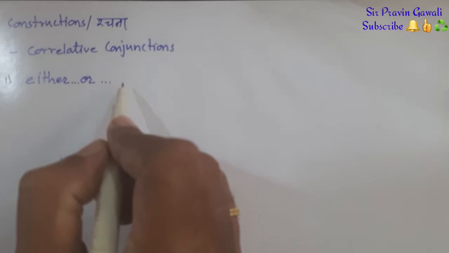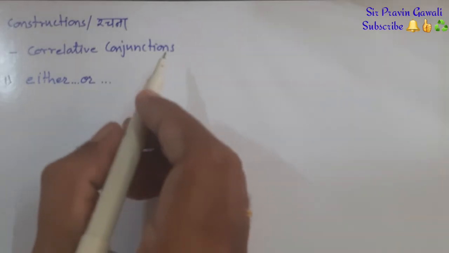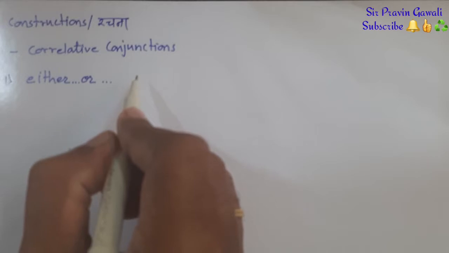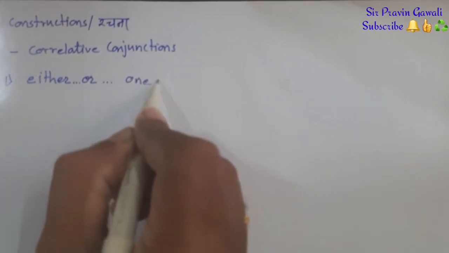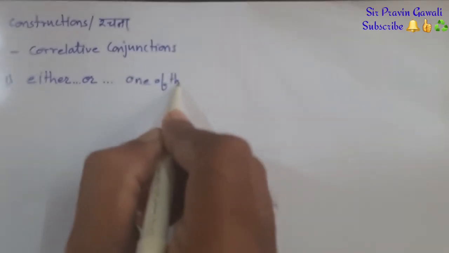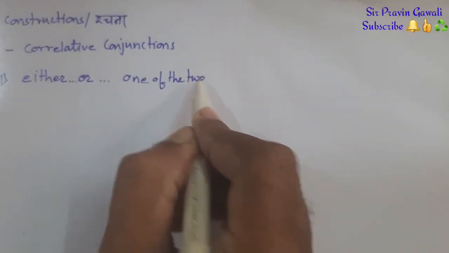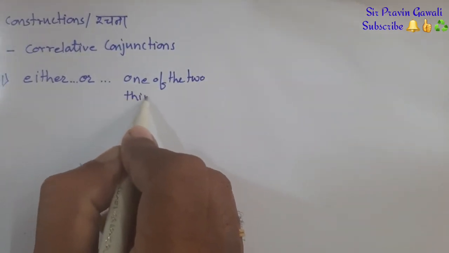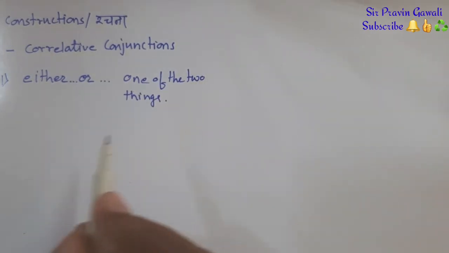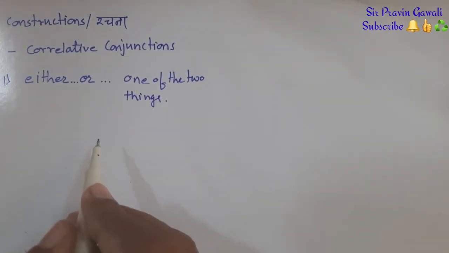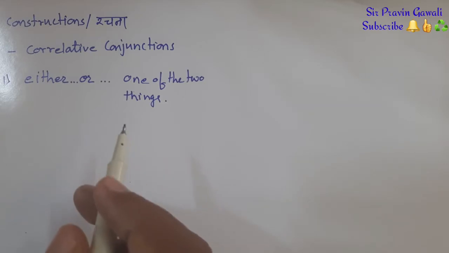It means in this sentence you have an option of selecting this thing or that thing. That time we use either or. One of the two things. So let's have an example now.